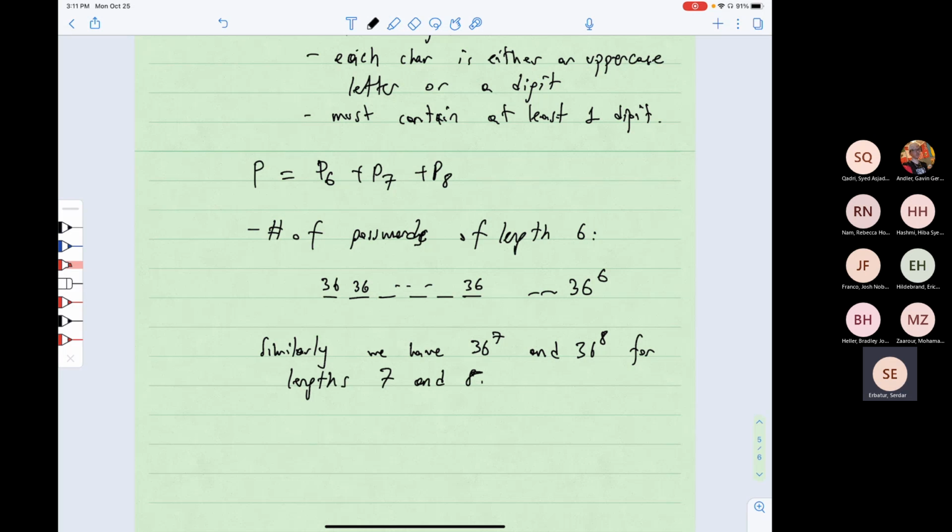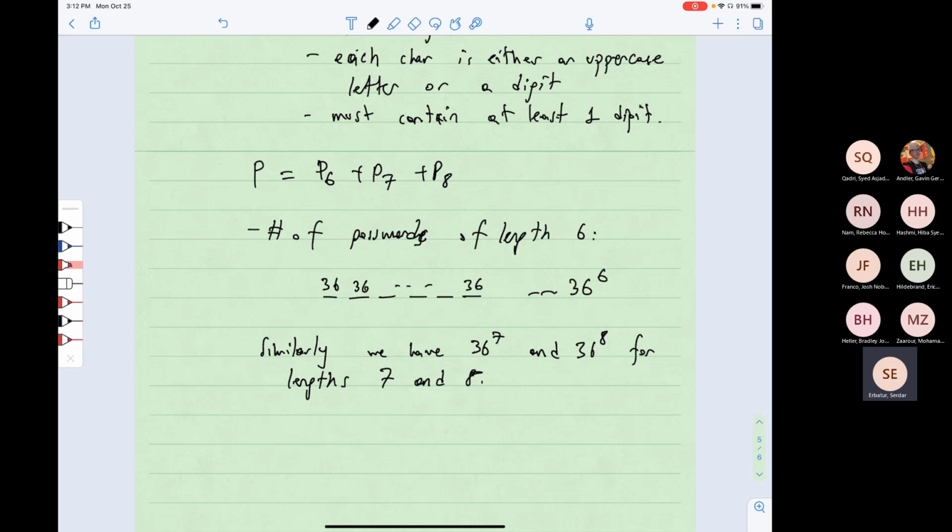It says the password should contain at least 1 digit. Well, at least 1 digit means 1, 2, 3, 4, 5, 6, 7, 8. Too much. If I count that way, the number of passwords having 1 digit plus the number of passwords having 2 digits, etc., it would take a while.